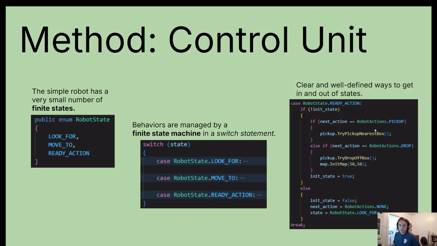If the next action that we're supposed to do is pick up a box, then we try to pick up the nearest box. Once that's done, we reset this init flag, we queue up the next action to be no action, and we set the state to look for, because now that we have a box, we are going to start looking for a bin.